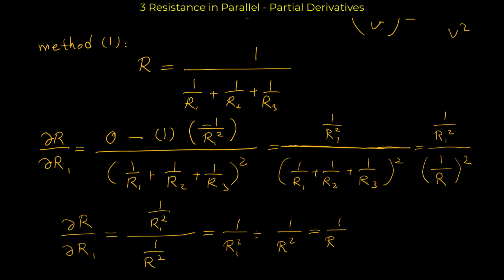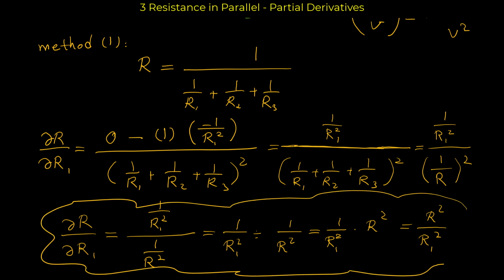In dividing two fractions, we write the first fraction and multiply by the reciprocal of the other one. Reciprocal of 1 over r to the 2 is r to the 2. So multiply numerator by numerator, denominator by denominator. So the final answer is this. The partial derivative of r, the total resistance, with respect to the first resistance r1 is r to the 2 over r sub 1 to the 2.